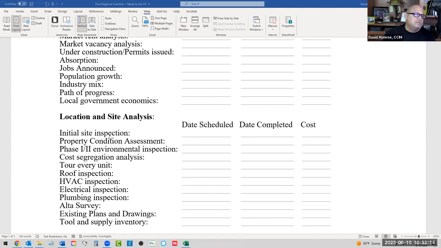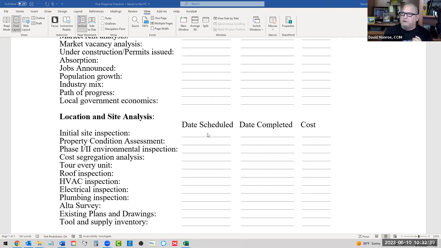So we're scheduling the site inspection, coordinate that with the management company, coordinate it with the broker if a broker is involved, coordinate it with the owner if there is no broker involved, and if you've identified who your property management company is going to be, have that new property manager and maintenance person from their company.